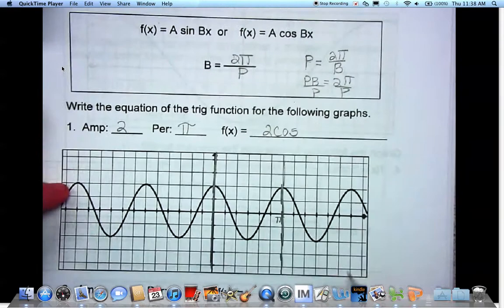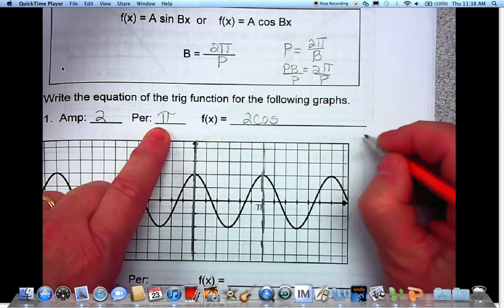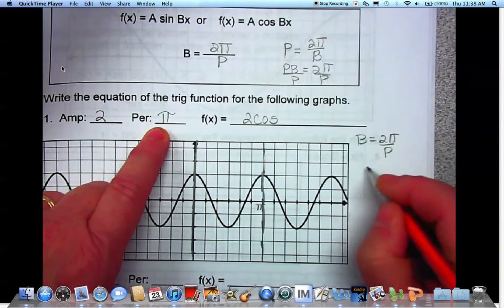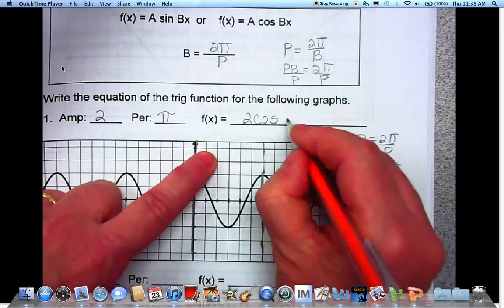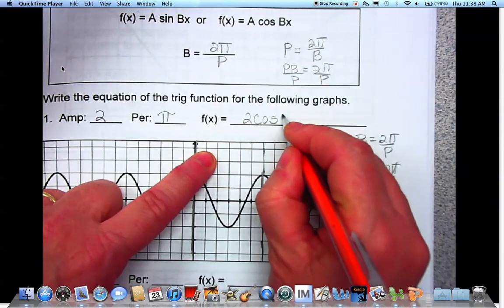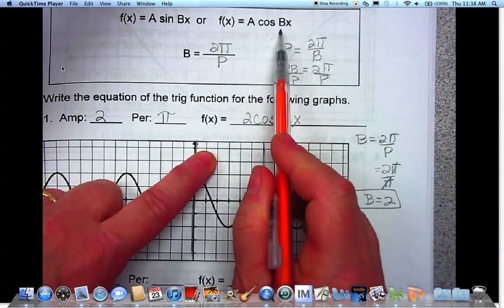We need to know what b is, so we put it into our formula. b equals 2 pi divided by the period, which is 2 pi divided by pi. Pi goes into 2 pi 2 times. So we have the cosine of what? 2x. B is 2. You plug 2 in here.